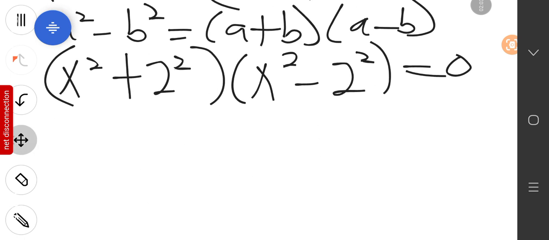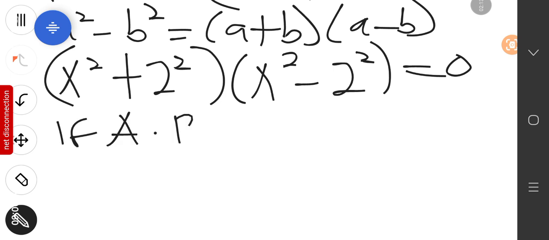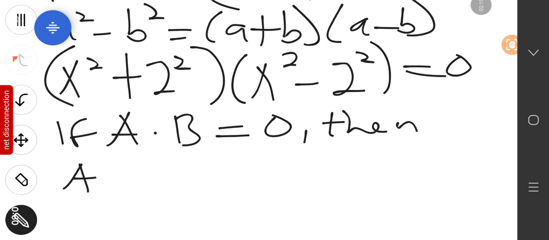times (x^2 - 2^2) = 0. Now let's use the zero product property to simplify the equation. It states that if a times b equals 0, then a is 0 or b is 0.